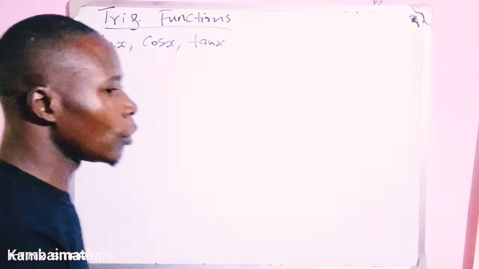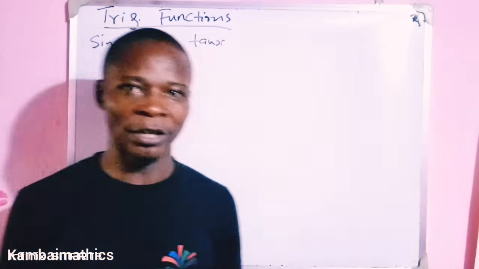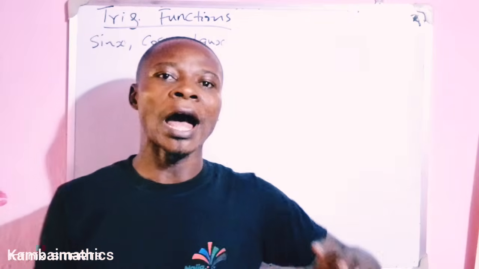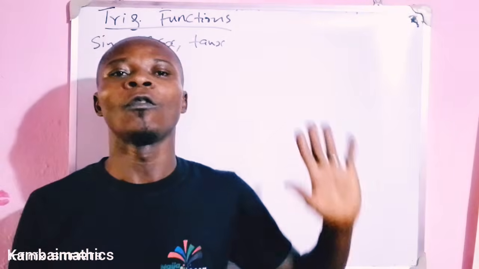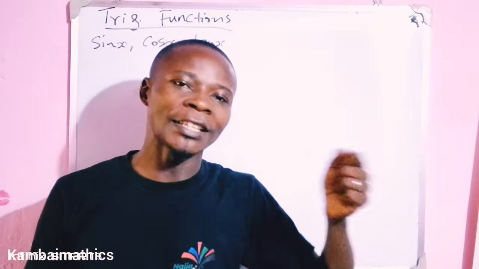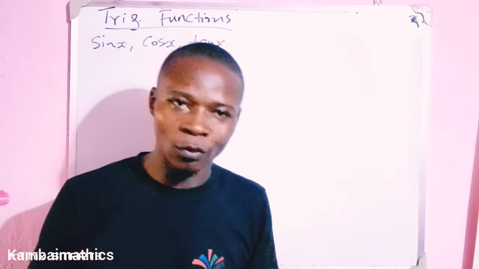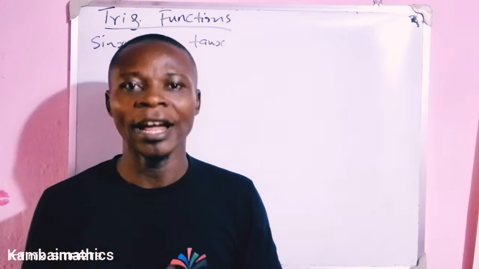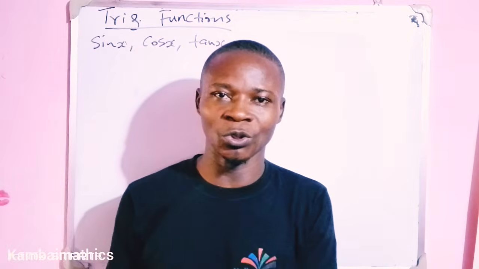I will do a video separately, so as not to make this video long, to establish a proof for each one of these using first principles, how to find the derivative of sine x, cos x, and tan x. I will do separate videos on that.